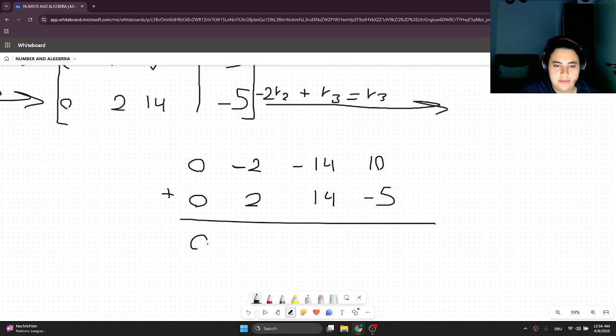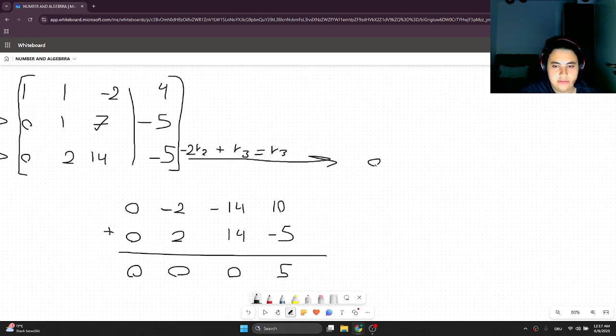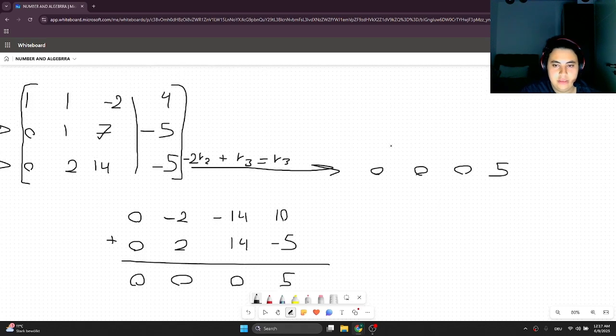So we add that: 0, 0, and there's another 0, and then 10 minus 15 is negative 5. So that is going to give us what? 0, 0, 0, 5, then 0, 1, 7, negative 5, and then 1, 1, negative 2, 4.